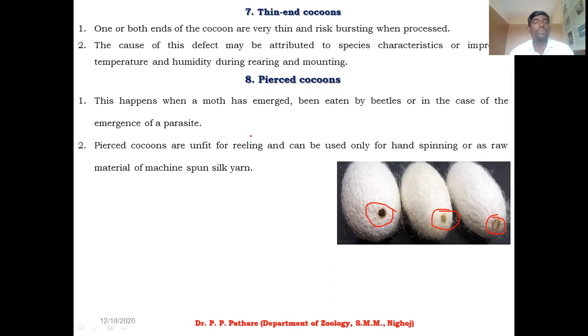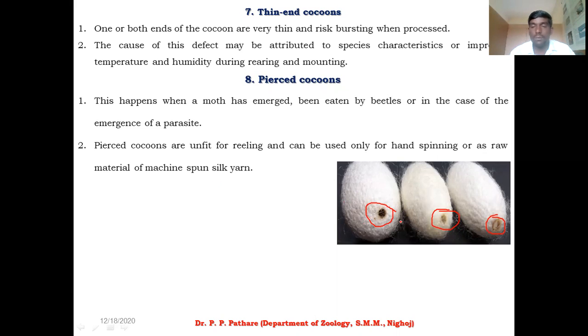Sometimes some parasites, some beetles also attack your cocoon, and they make a hole in the outer surface of the cocoon and go inside for shelter purpose, रहने के लिए जाते हैं. So such type of holed cocoon or pierced cocoons do not get a good price in market, because the textile industry faces the problem of cutting off the continuous thread.